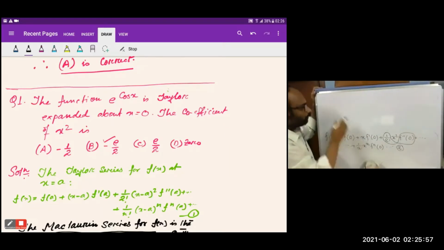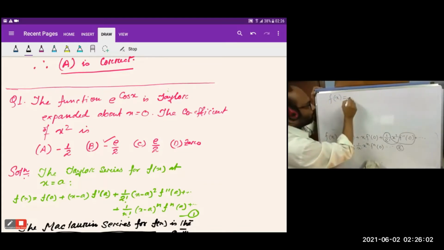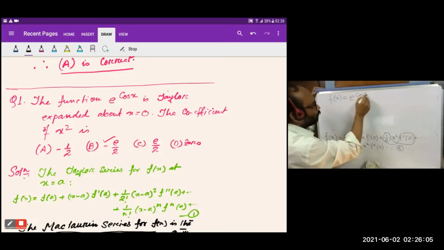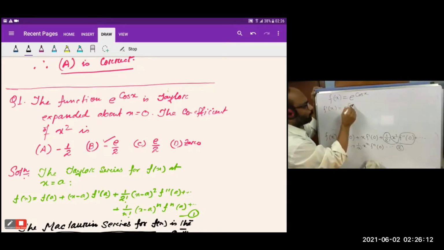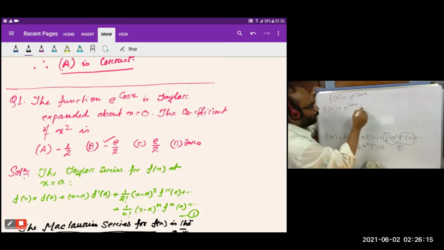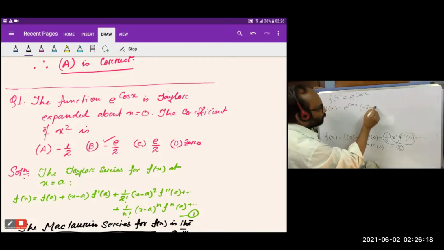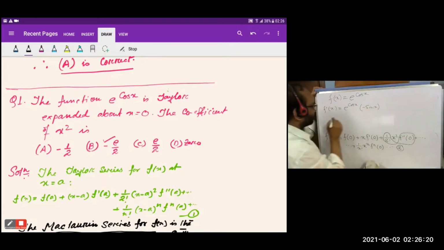So what is the function? f(x) is equal to e to the power cos x. So first order derivative f dash x is e to the power cos x, then derivative of cos x, minus sin x. Then second order derivative: minus sign is outside of the bracket.